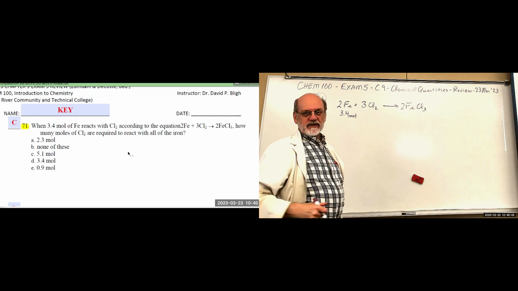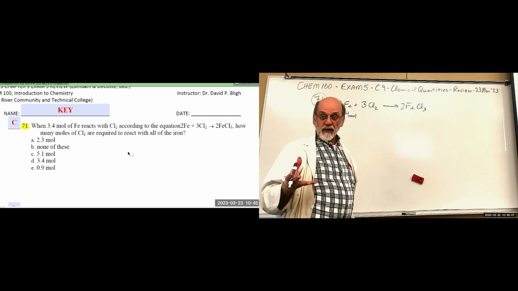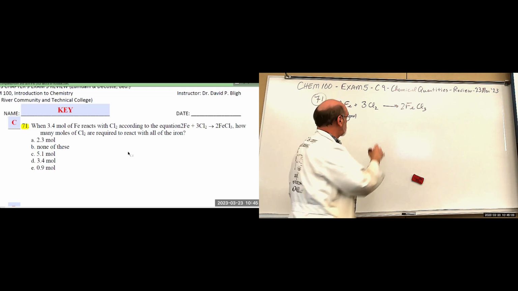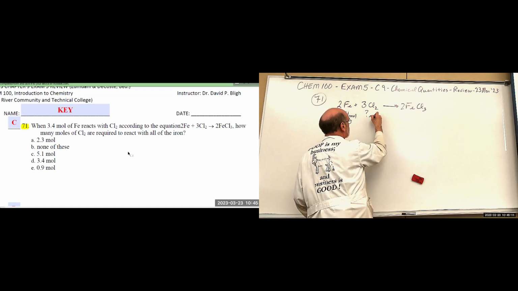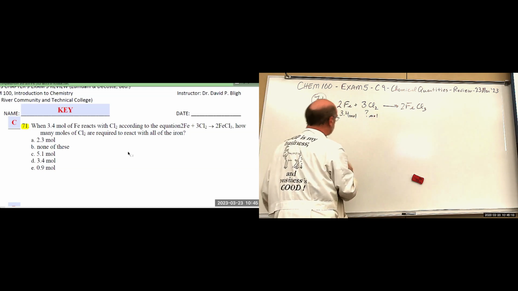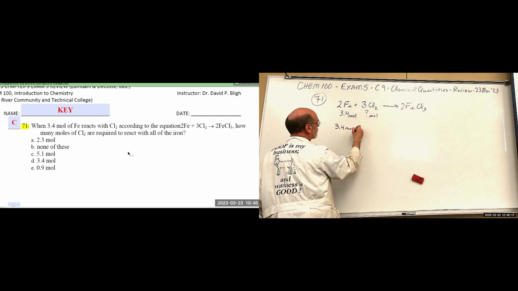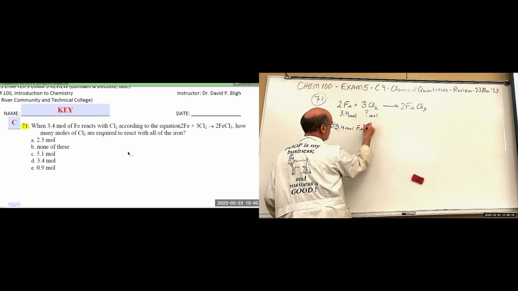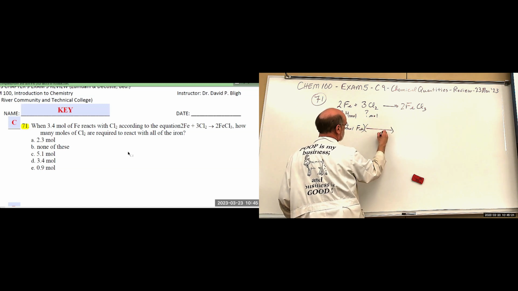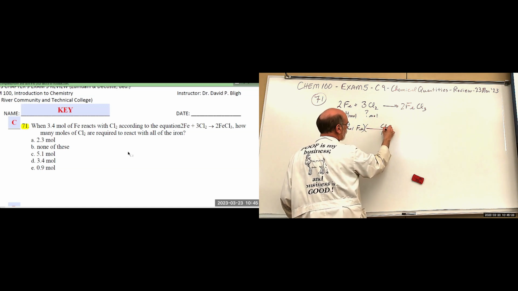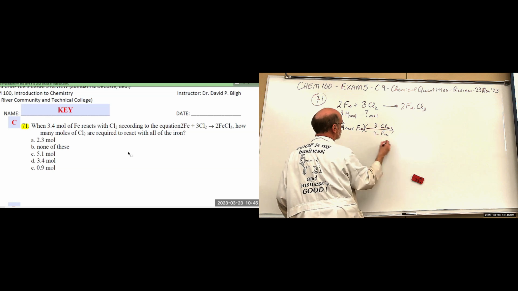All right, we're given 3.4 moles of iron. How much chlorine is required? Number of moles to completely react with that. Very simple. It's a simple conversion. Right, so we get rid of the iron and leave the chlorine. That's 3, that's 2.